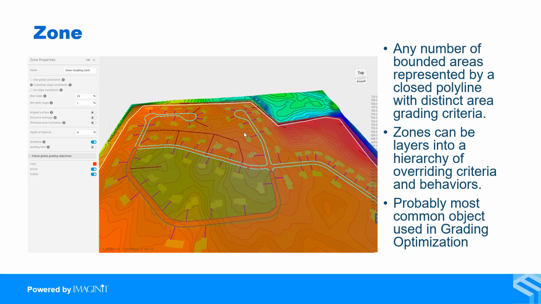It'll use this definition depending on the hierarchy, and anything inside of the zone that does not have another zone definition or line definition that supersedes it will meet this criteria of being 1 to 33% within whatever the optimized grading target is for earthwork. Again, these polylines must be closed. So when you select a polyline and go into the properties panel, if it does not read closed, this will not allow you to add it as a zone.